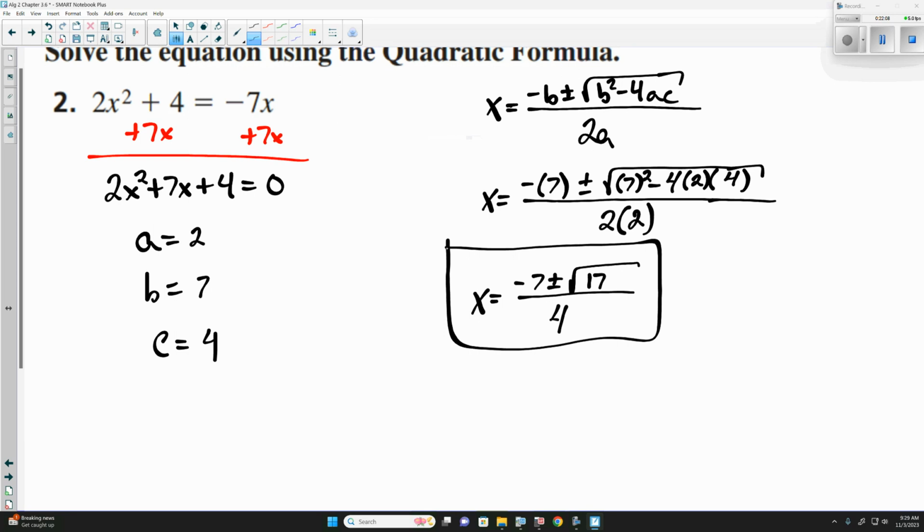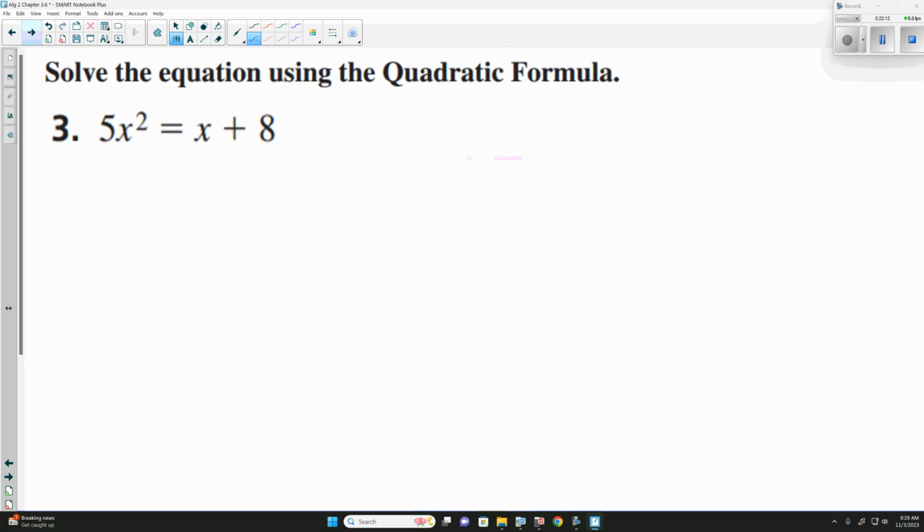We're ready to see another one. 5x squared equals x plus 8. So exactly. We could subtract the 5x squared from both sides.